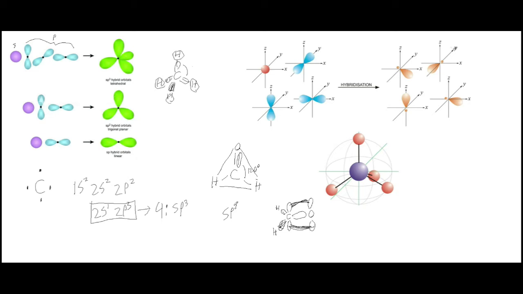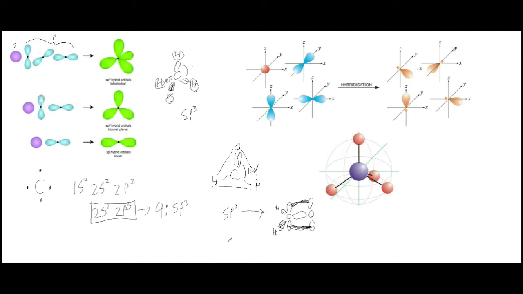And so when we have 4 single bonds on our carbon, that's sp3 hybridized. When we have 3 bonds plus one of these double bonds, that makes it sp2 hybridized.